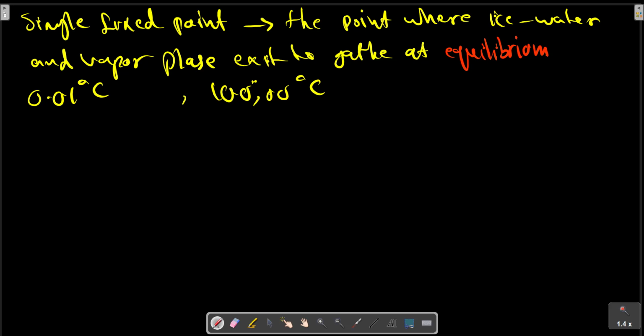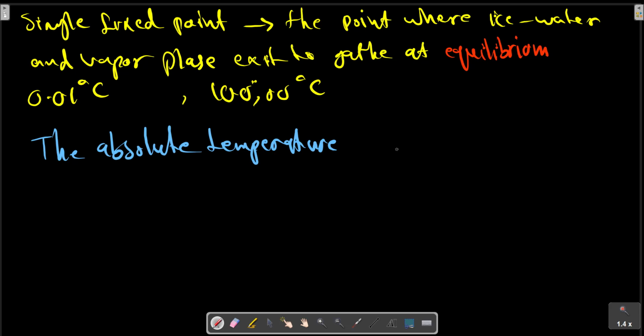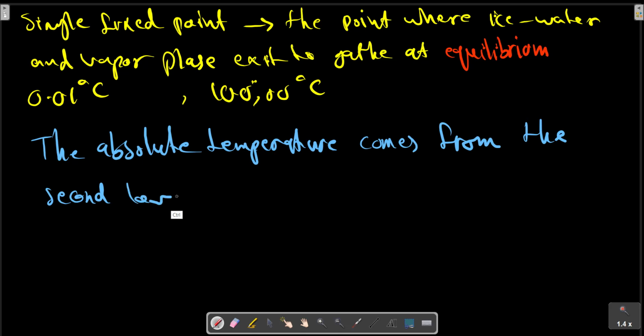We have not yet considered an absolute scale of temperature. The possibility of such a scale comes from the second law of thermodynamics and is discussed in Chapter 7.